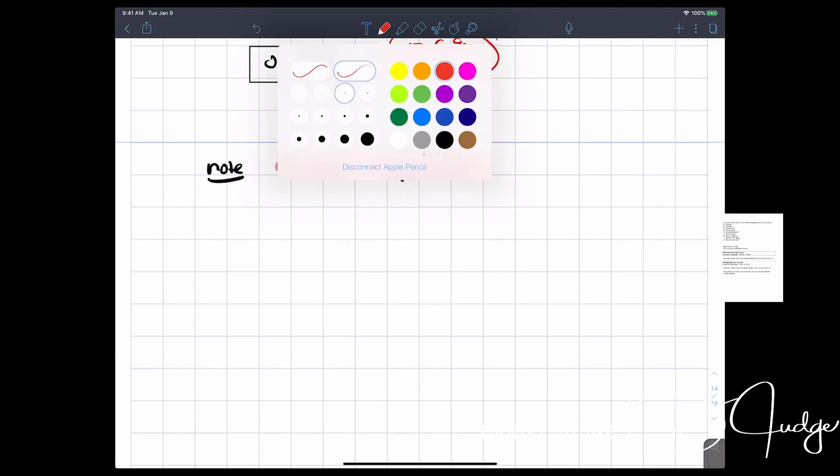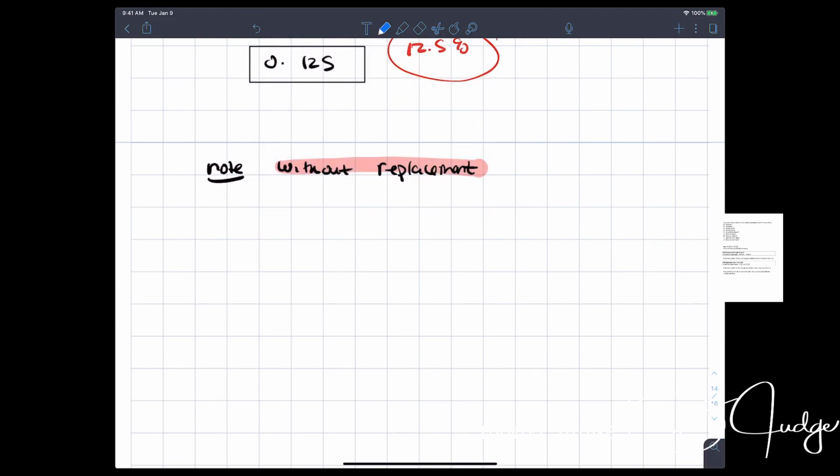Anybody? These are dependent events. Okay, Cindy has it right.